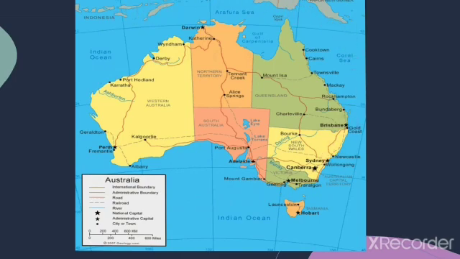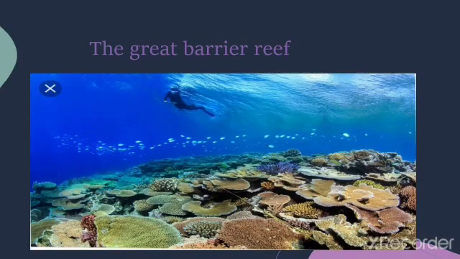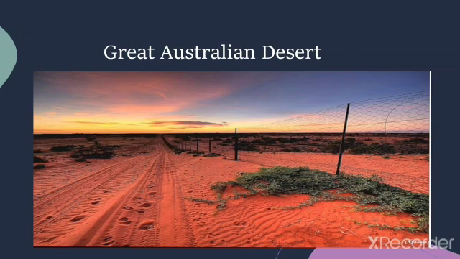Okay, students. Australia and New Zealand and several other islands together form Australasia. The Great Barrier Reef and the Great Australian Desert are two well-known features of this continent. Okay, which continent? Australia.